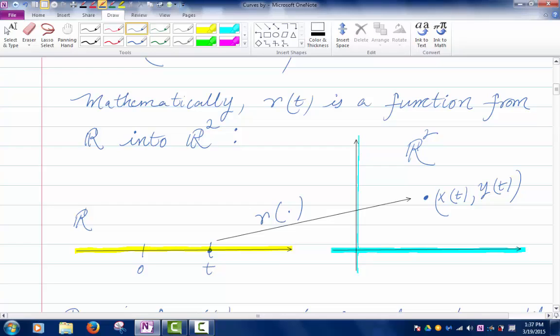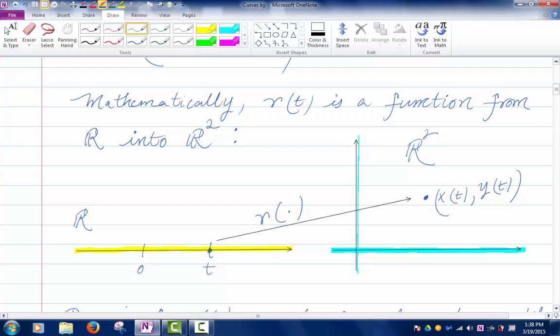So given a point on the real number line as an input for the function, it gives you a point in the plane. So R2 is the plane, and R is the real number line, right? So this is a one-dimensional space, and this is the two-dimensional space here.